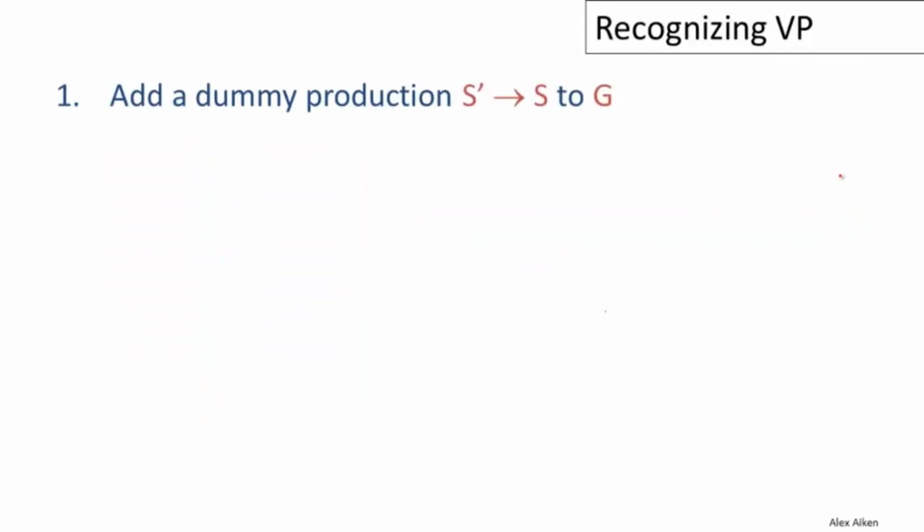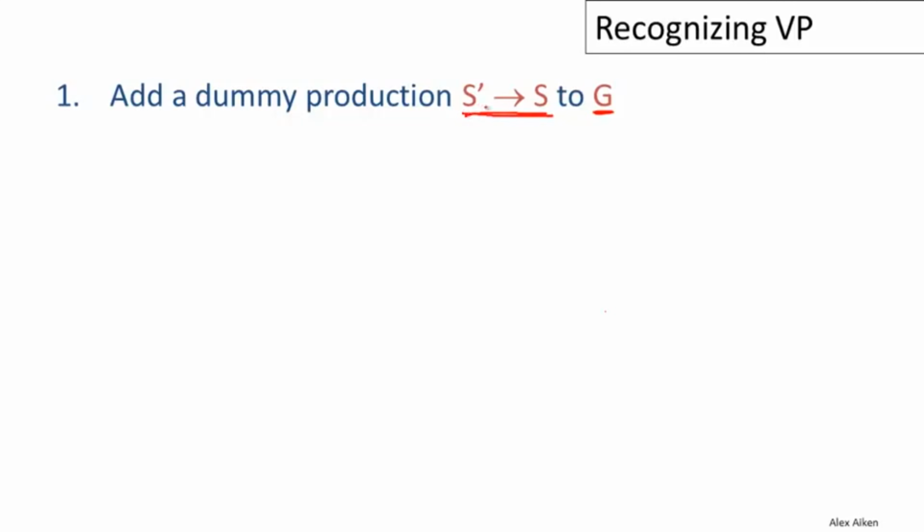The first step really is just a very technical point, and it's not that important, but we're going to do it anyway because it makes things simpler, which is to add a dummy production S' goes to S to our grammar of interest G. So just to set the stage here, we're trying to compute the viable prefixes of G. We're trying to come up with an algorithm for recognizing the viable prefixes of G. If S is the start symbol, we're just going to make up a new start symbol, S'. So S' will be the new start symbol of the augmented grammar.